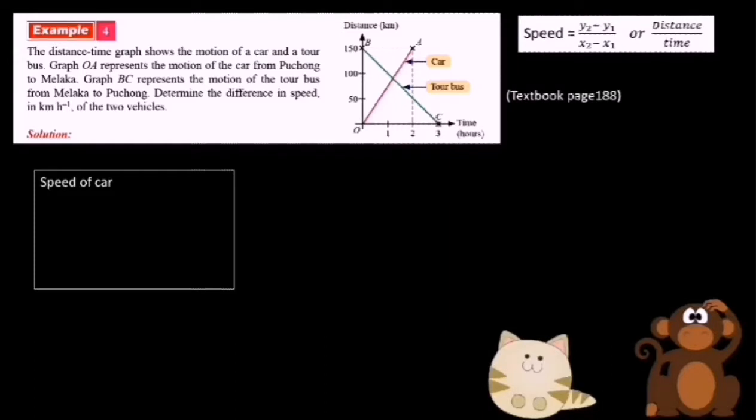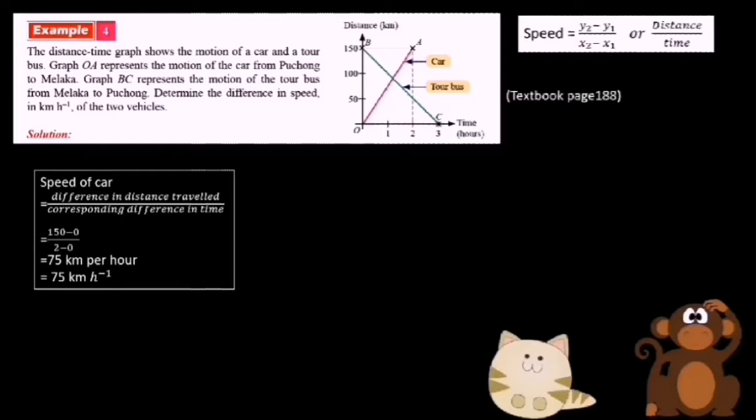As we know, the formula for speed equal to difference in distance traveled over corresponding difference in time. Corresponding difference in time is 2 minus 0. So, speed of the car equal to 75 km per hour. You also can write it as 75 km per hour like this.